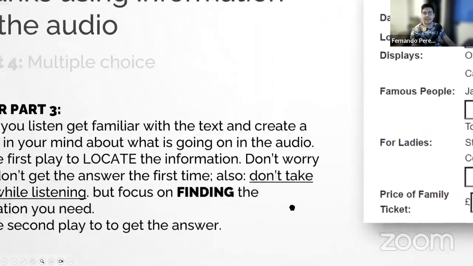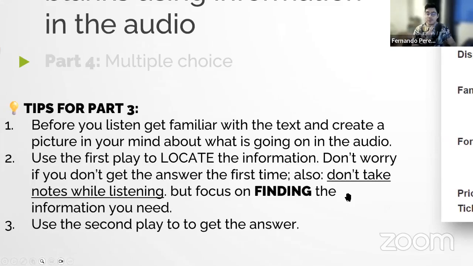First locate the information and don't write anything. Don't take notes. This is something super important you need to start practicing. You don't need to take notes because that's going to distract you from listening.